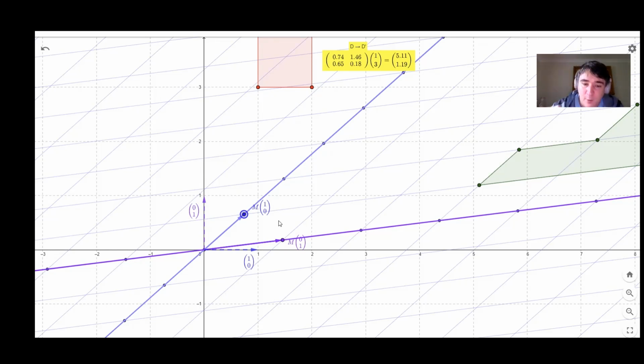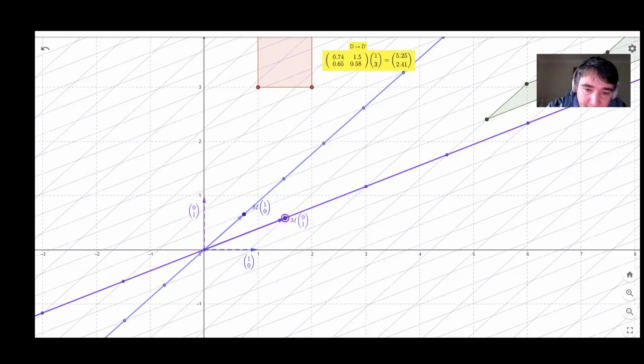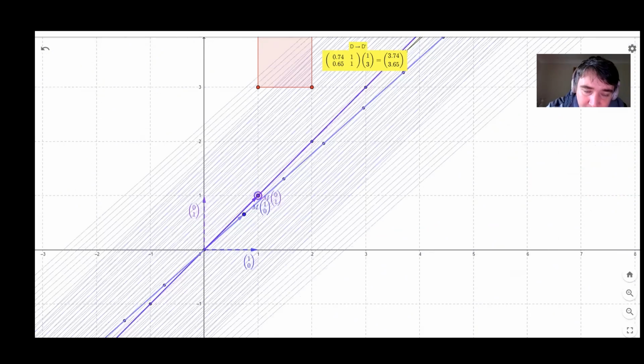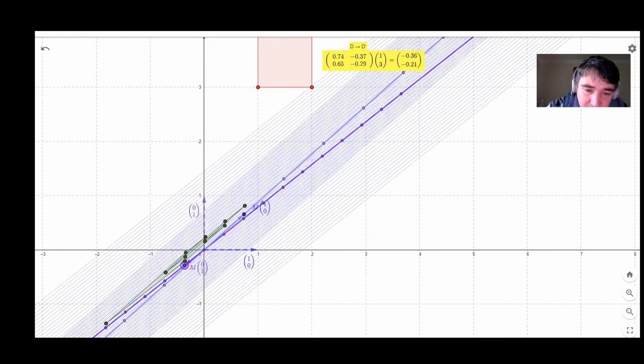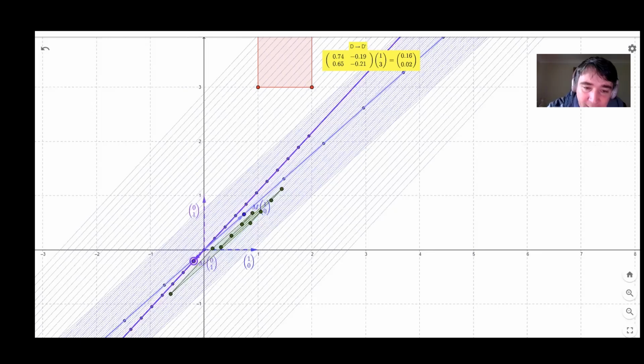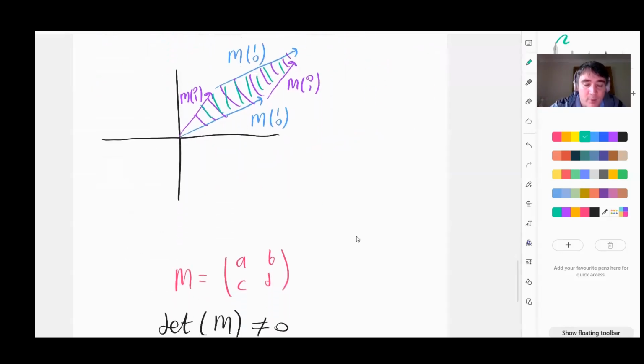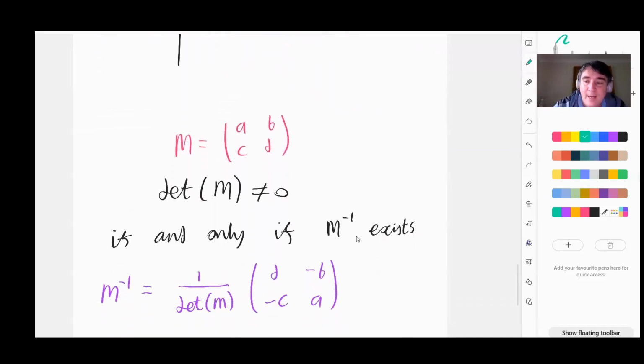That's always going to be true, except when these two vectors are pointing in the same direction as each other or in opposite directions. Those are exactly the cases where the parallelogram has zero area. So we see this remarkable result: a matrix like this is invertible, in the sense that the inverse of M exists, if and only if the determinant of that matrix is not zero.